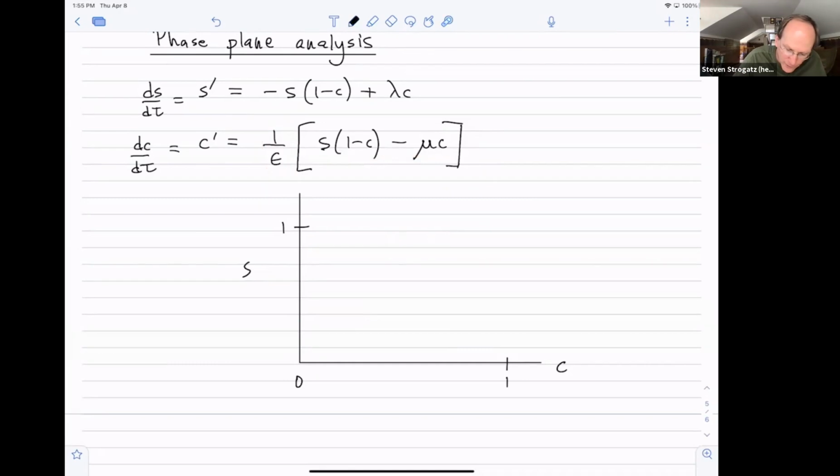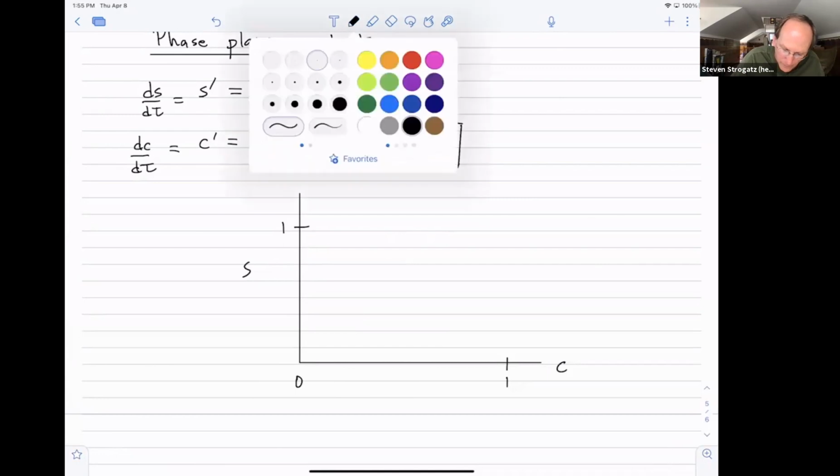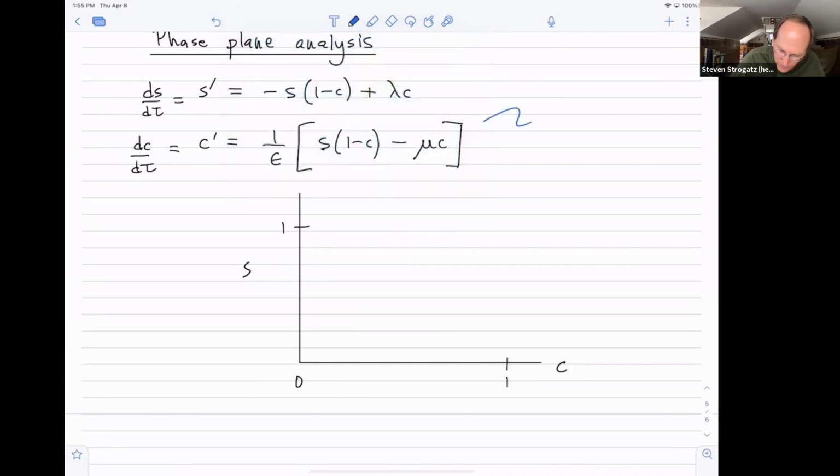So let's, just for the sake of discussion, let's focus our attention on when the bracket is 0. So let's examine the curve where this thing in brackets is 0.